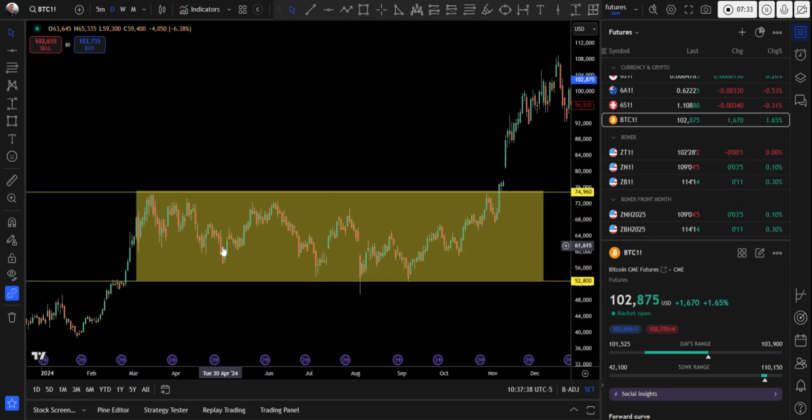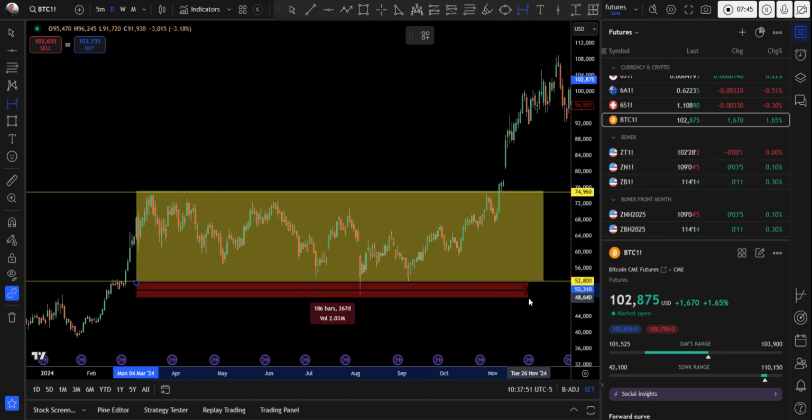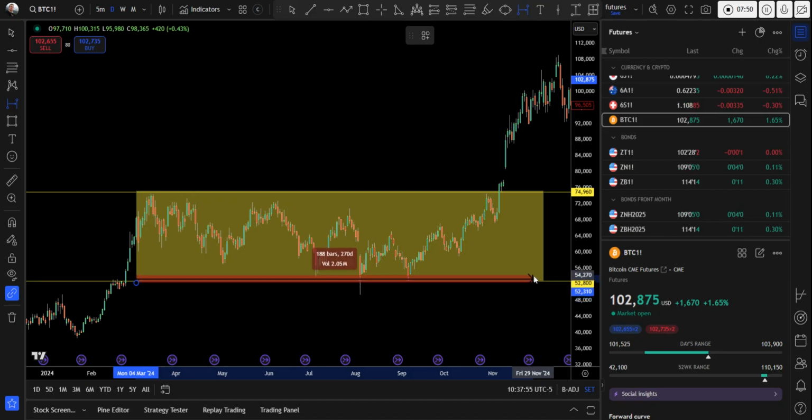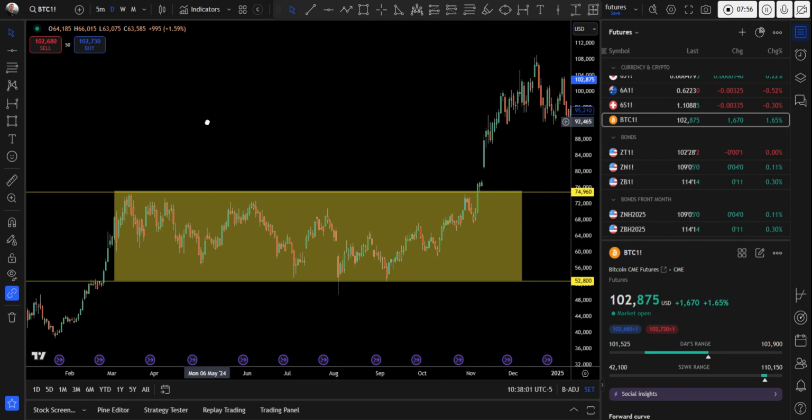Here's the highs, here's the lows, another new low, but highs, lows, highs, lows, highs. But as you see, it didn't go anywhere. The market really went nowhere for almost, what is that, 268 days, almost like a 270 day, right? Almost a year, well, not quite a year, but maybe 8 months or something. So the market's going nowhere.